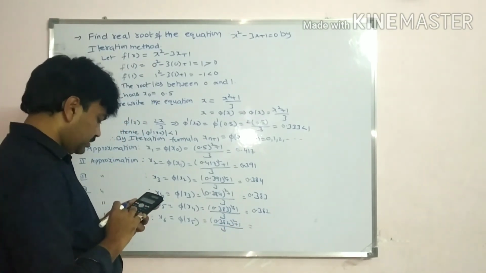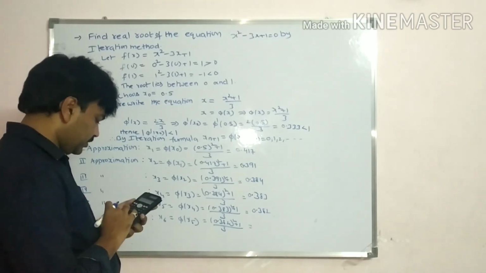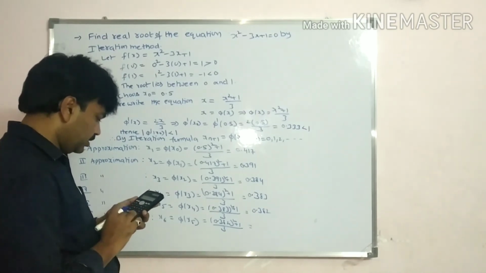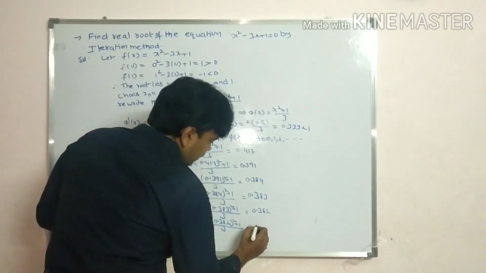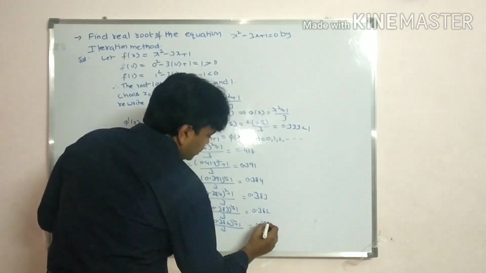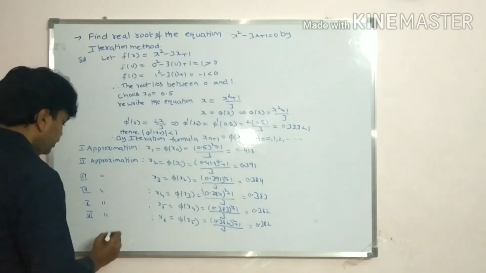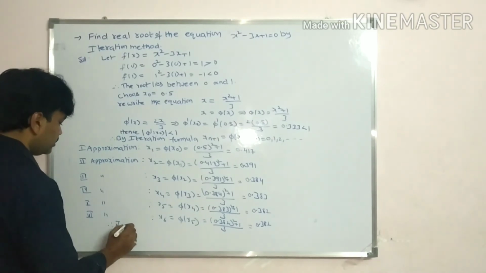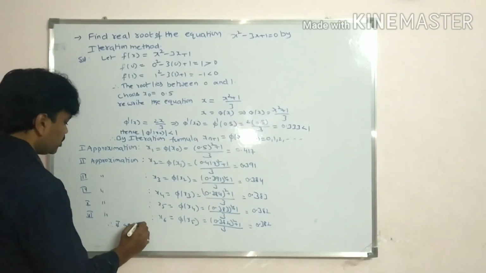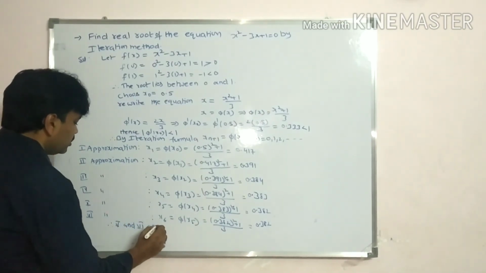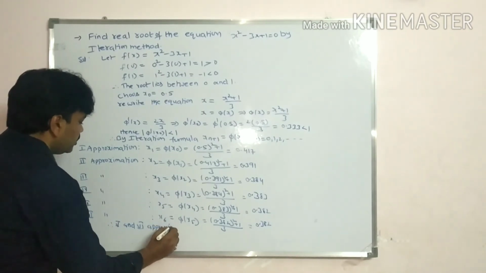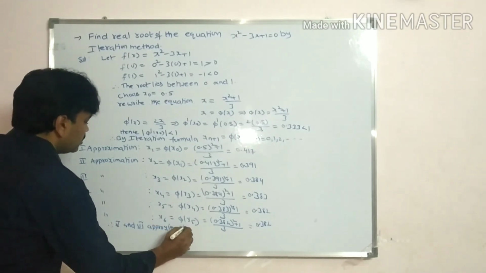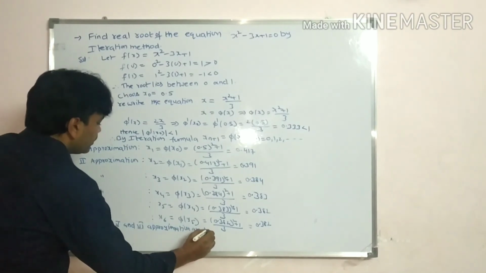We get here 0.382. Therefore, the fifth and sixth approximations are the same.